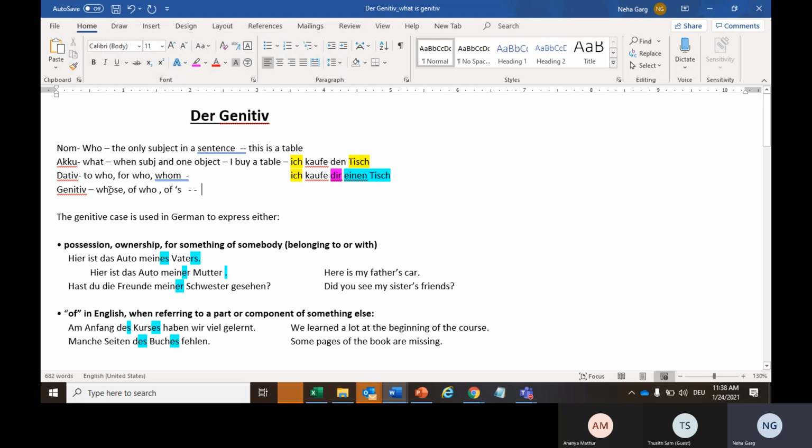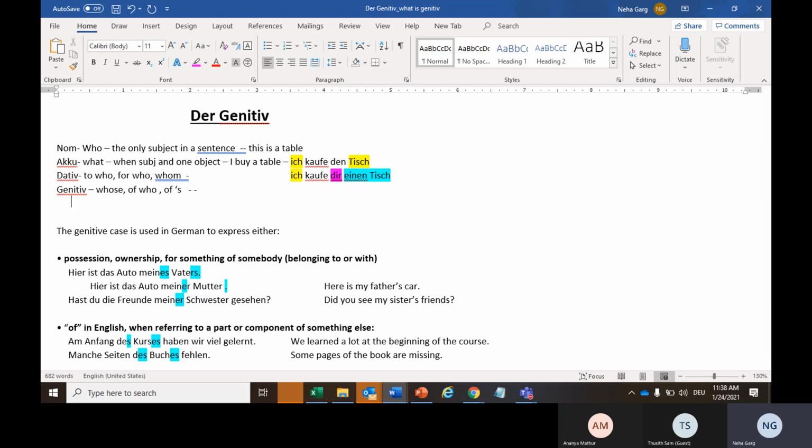Now we are talking about the genitive case. The genitive case is nothing but the whose case, like of who, or apostrophe s, like we have in English. My brother's table, the book of my brother, the car of my father, or my mother's party.